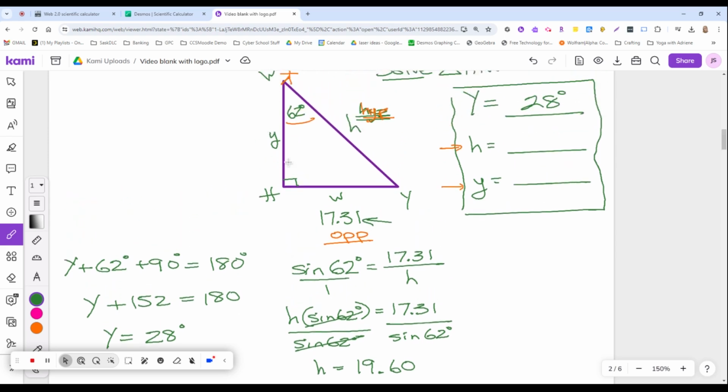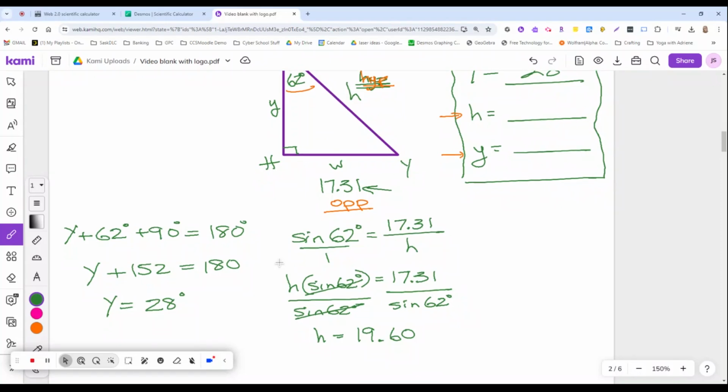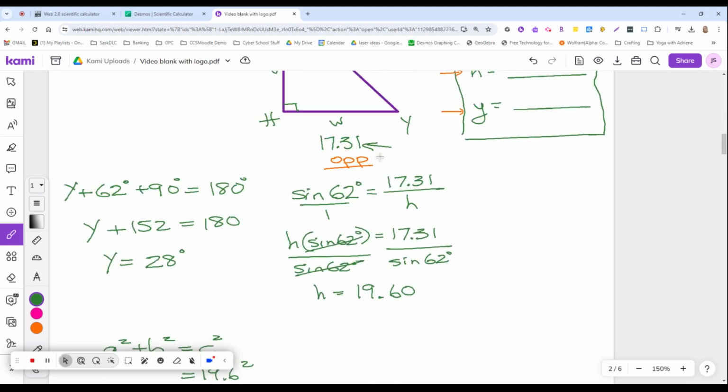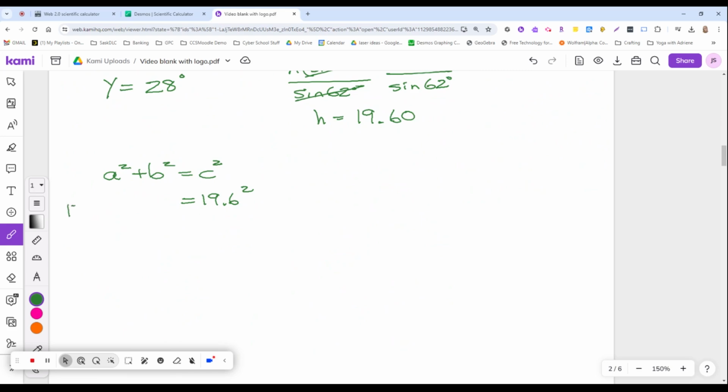Now to find Y, we have two options. We could use Pythagoras. We could do this, where we know now that our hypotenuse is 19.6. We know that one side is 17.31.